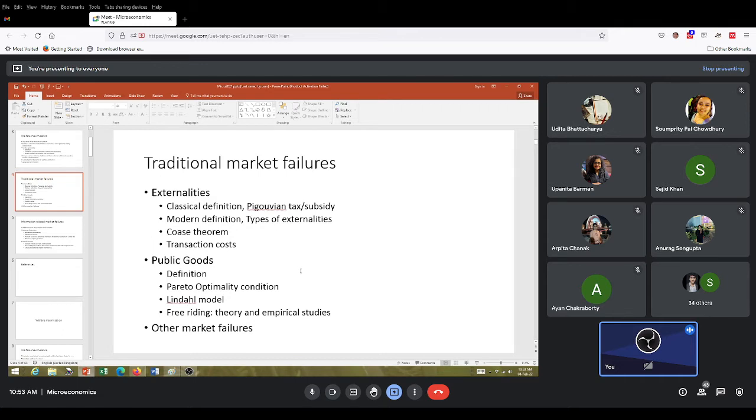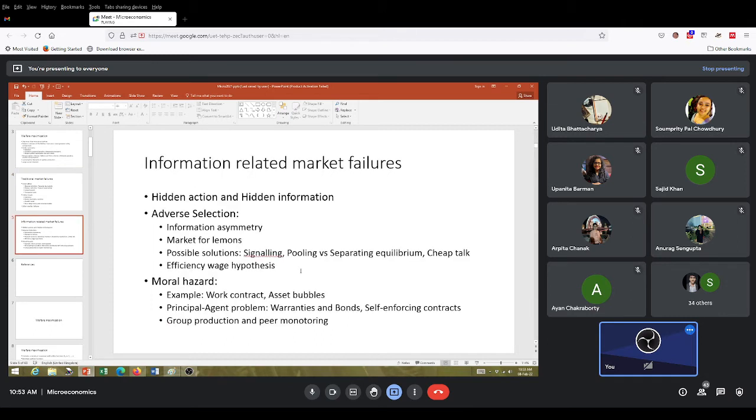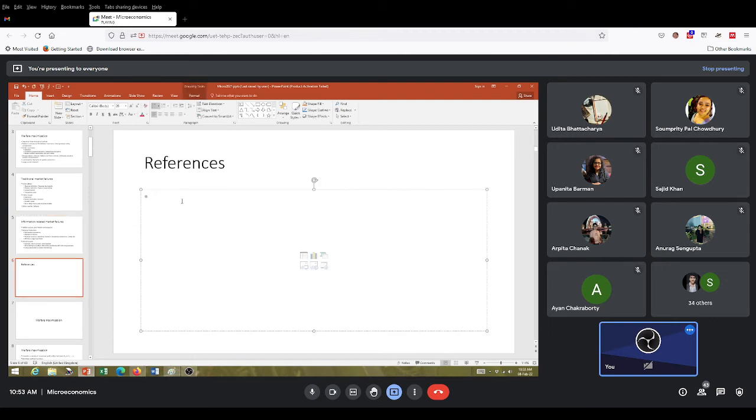The best book is, of course, by Lindahl. Sorry, not Lindahl, Johansson, Public Economics, which is available in our library. So that should be available. Information related market failures, I'm going to cover mostly from Perloff's Microeconomics. So I will give you some references.